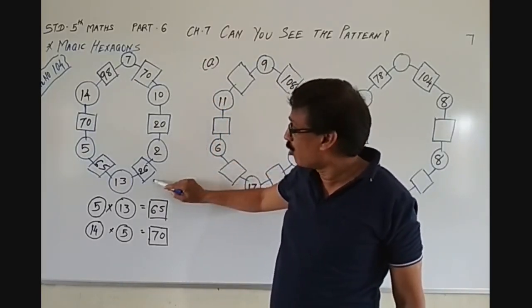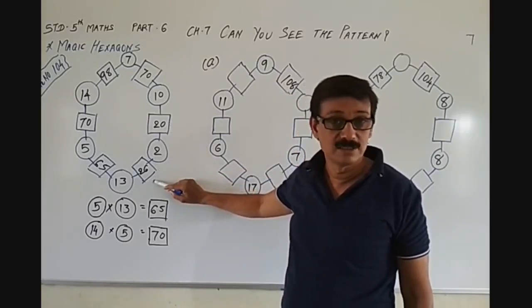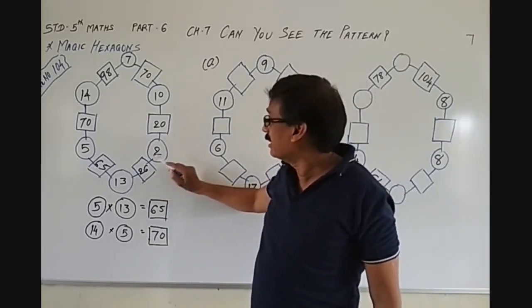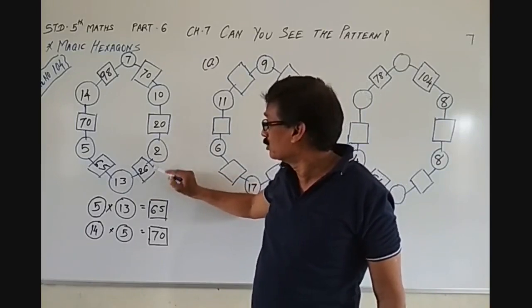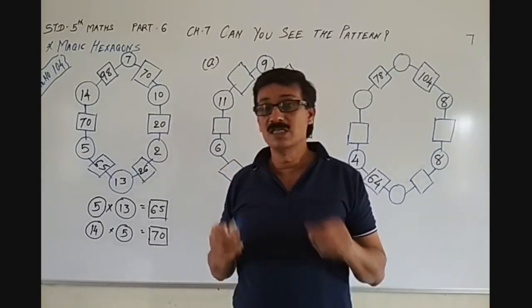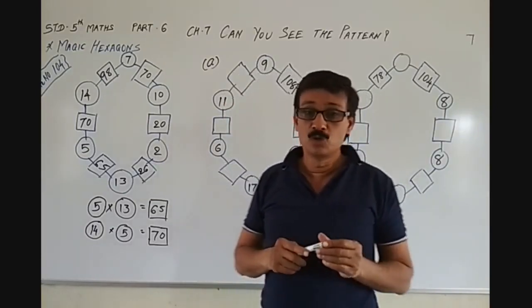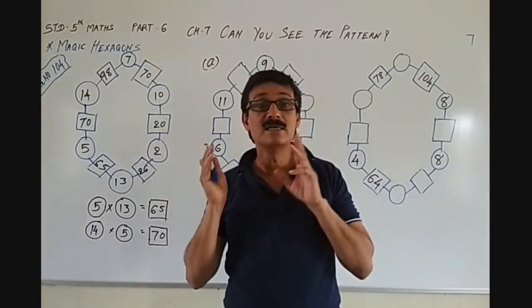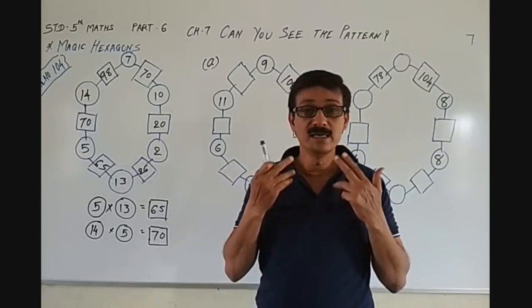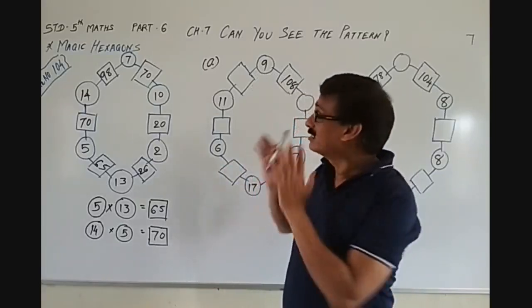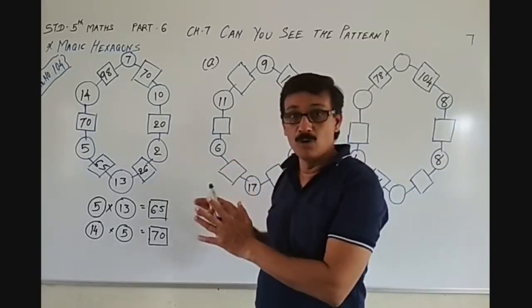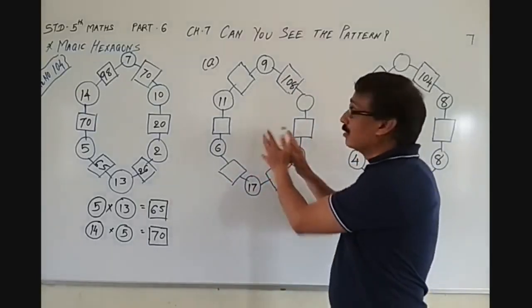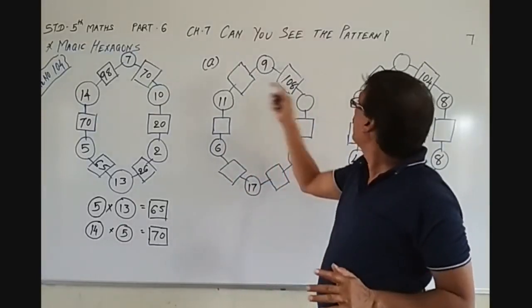And here in the box you can see 26. Multiply 13 and 2. 13 twos are 26. So this is the trick through which we can get the numbers available either in the circle or in the box. Now this same rule we will apply to these hexagons A and B.